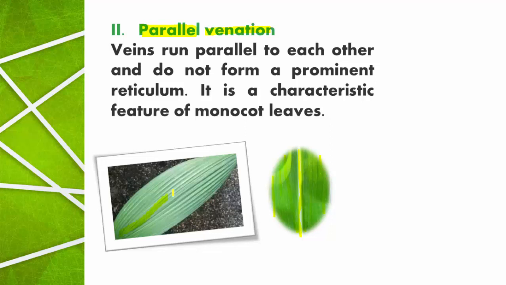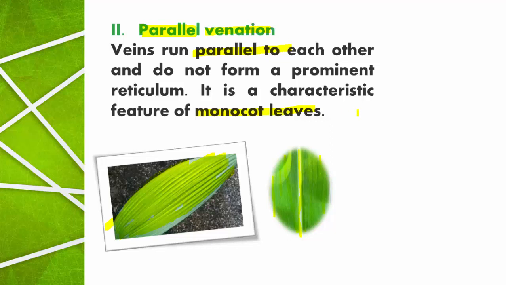But in parallel venation, the midrib is present and veins are also present, and all these lines represent the veins, arranged parallel to the midrib. This kind of venation is called parallel venation, and it is a characteristic feature of monocot leaves.